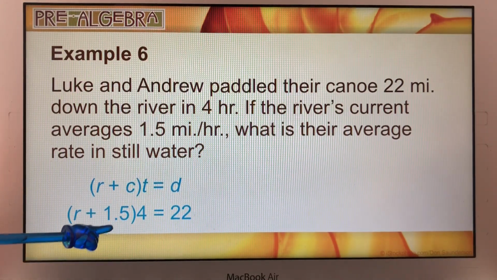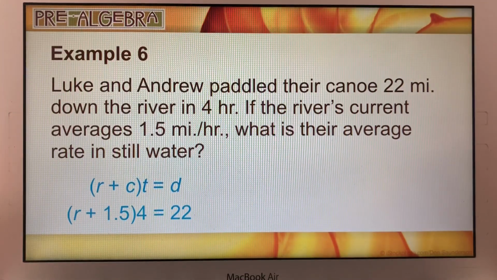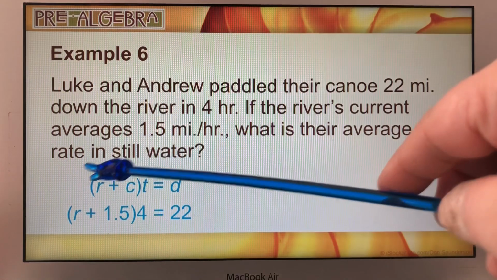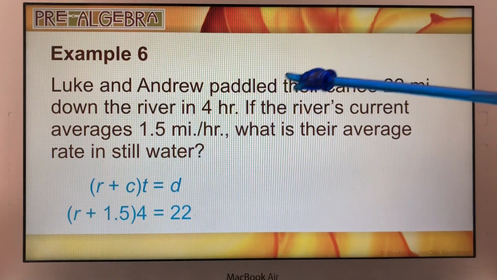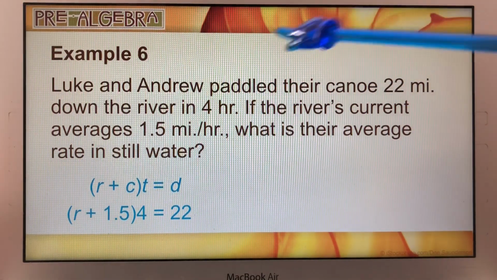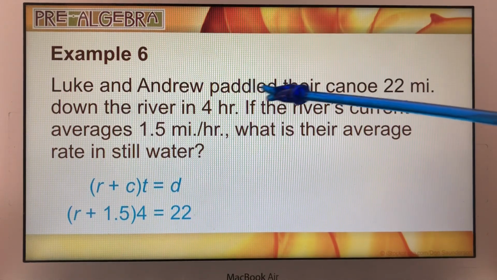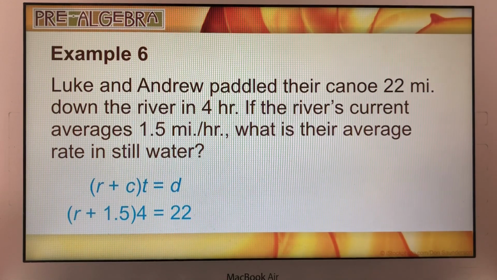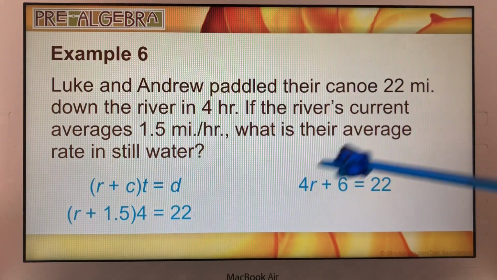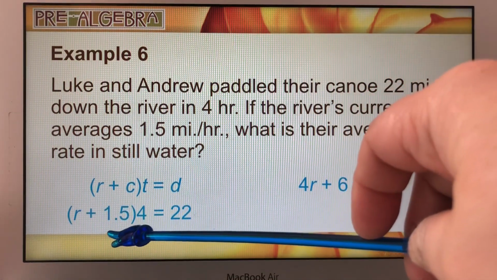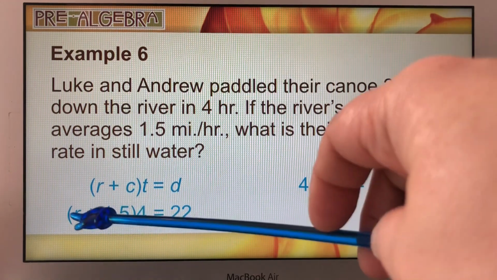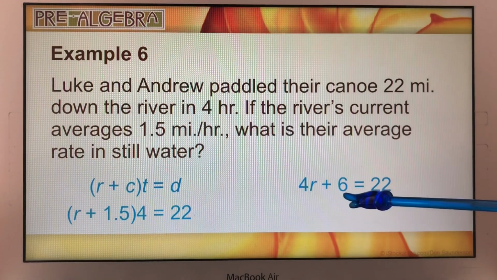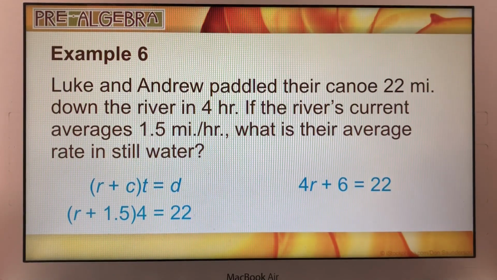Now all we have to do is simplify this equation and solve for the rate, because it says what is their average rate in still water. That means what is their rate that they paddle in their canoe if there is no current. So we have to simplify this. 4 times R, and then 4 times 1.5 gives us 6, equals 22.